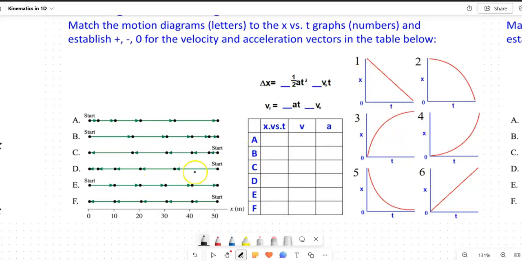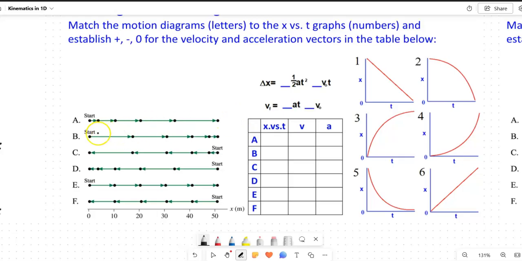So which one of these motion diagrams matches which one of these position versus time graphs. And then you're going to identify the velocity as positive, negative, and the acceleration as positive, negative, or 0. This is a really good exercise, and it's going to teach you how to match up position versus time graphs to motion diagrams, and from there construct equations with the proper positive and negative velocities and positive, negative, and zero accelerations. So try this out.